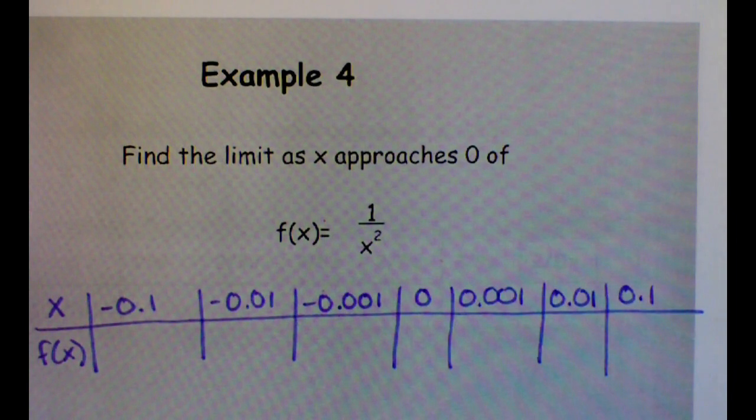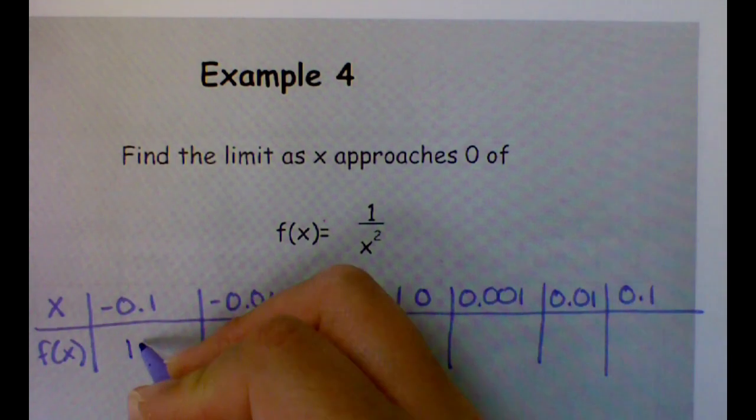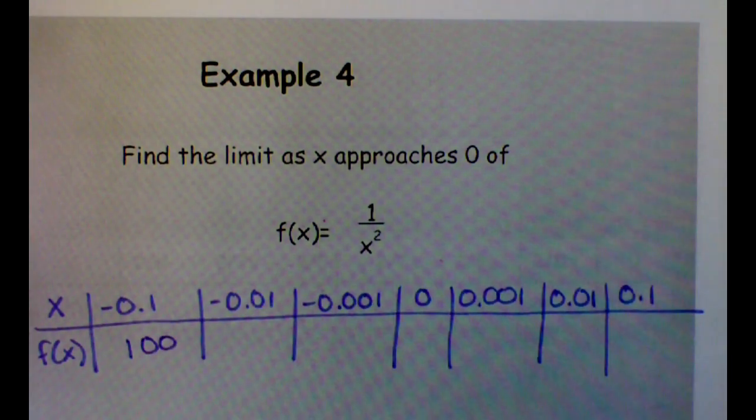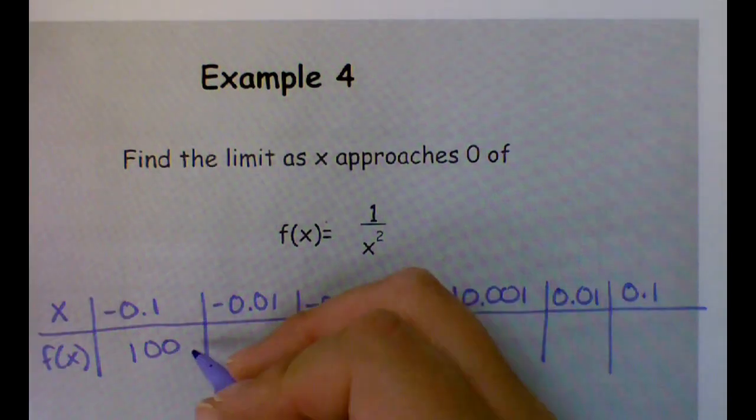And I'll type these into my calculator quick. I get 100. And then I enter negative 0.01, sorry. I get 10,000.